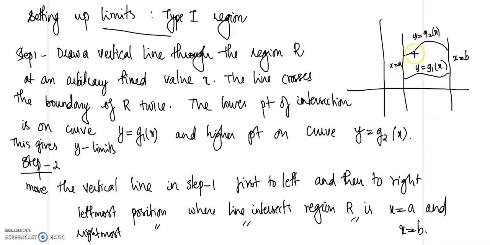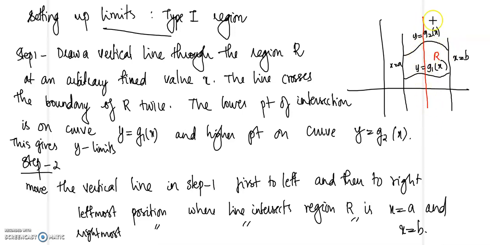The first step is we need to draw a vertical line through the region R. So this is our region R, and we draw a vertical line through it. This vertical line will intersect the region at two points, on the two curves forming the boundary. The lower point of intersection is on the curve y equal to g1 of x, and the upper point of intersection will be on the curve y equal to g2 of x.